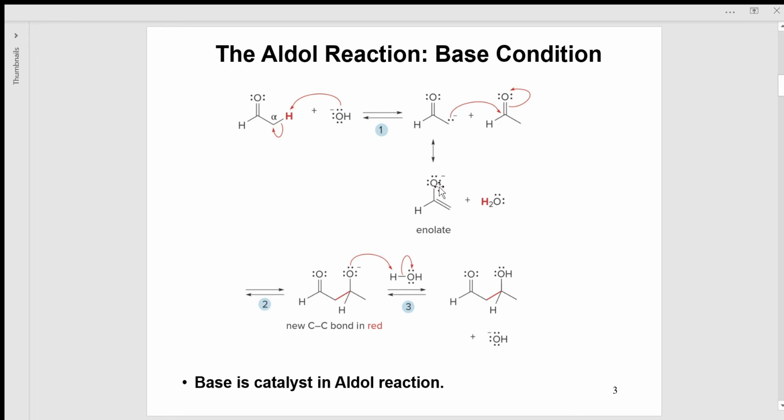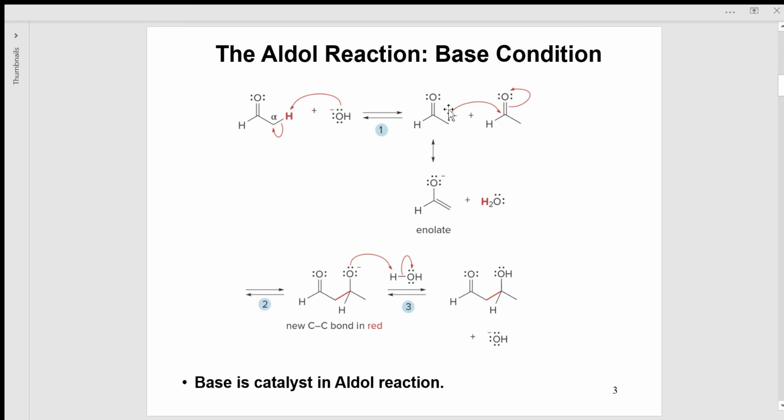It can form a second resonance structure. Basically, the second resonance structure relocates the negative charge from the carbon to the oxygen. That's why either aldehydes or ketones can do the same reaction to form an enolate.